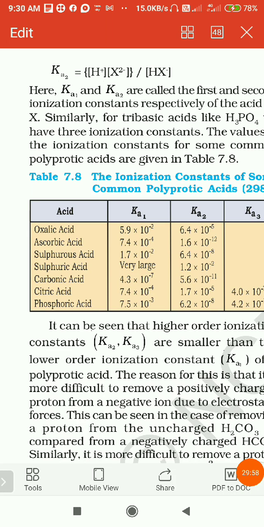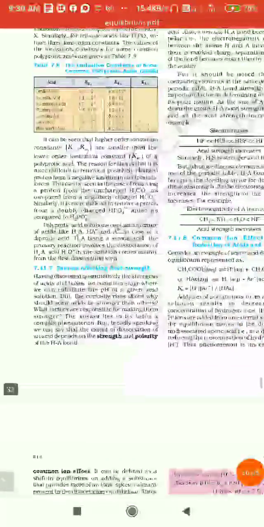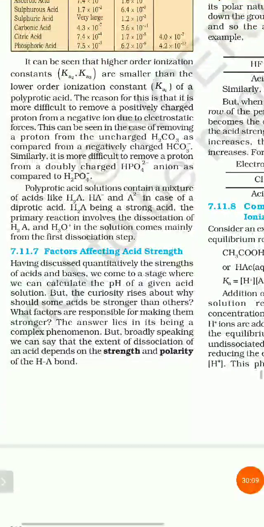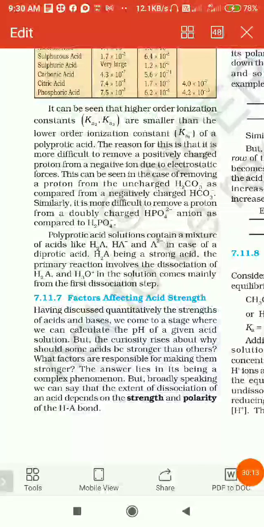All these acids produce more than one H plus ion, right? So these are polyacids, polybasic acids, like that you call them, right?